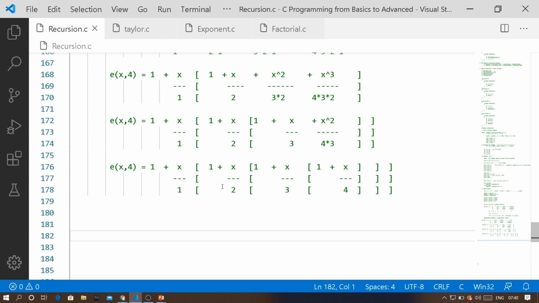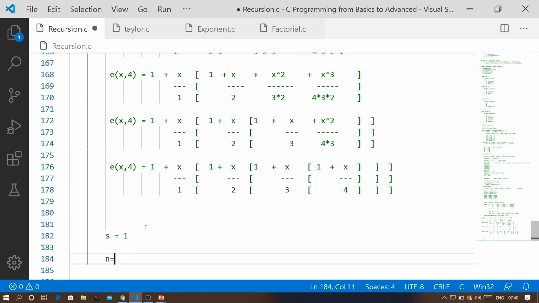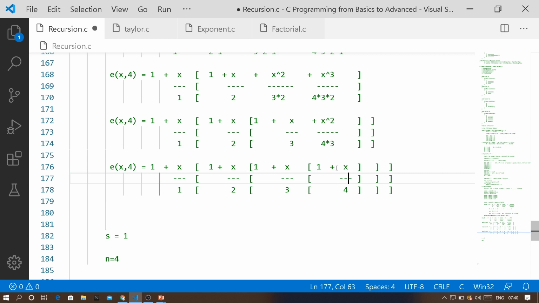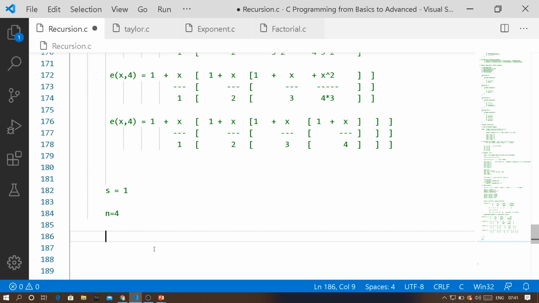So everything looks common and similar. What I'm going to do is take a variable called s and initialize it to 1 by default. When my n value is equal to 4, I can calculate the deepest internal term, which is 1 plus x divided by 4, that is 1 plus x divided by n.